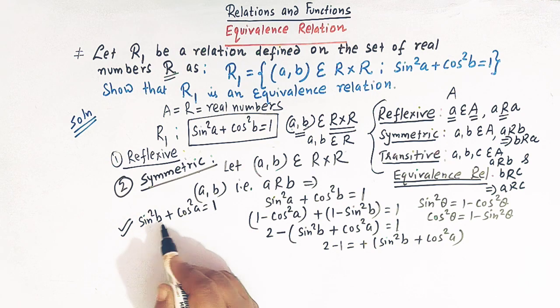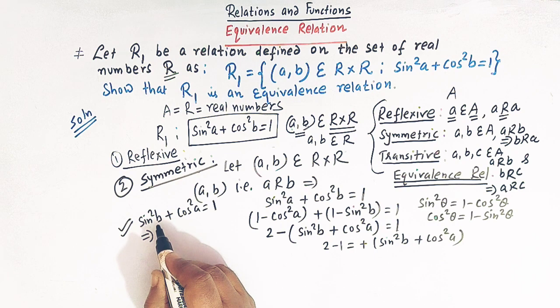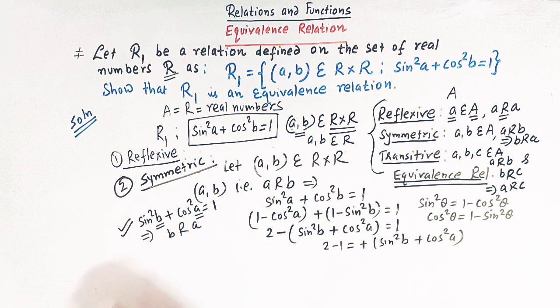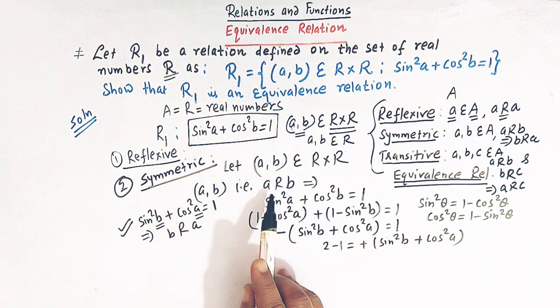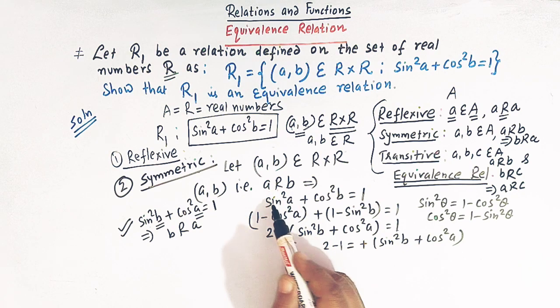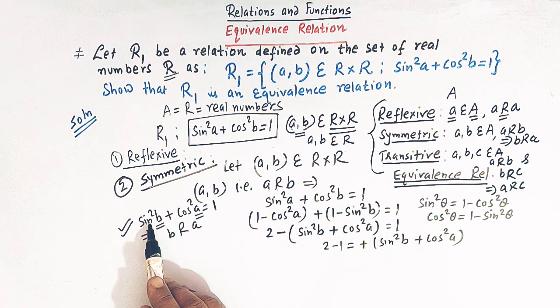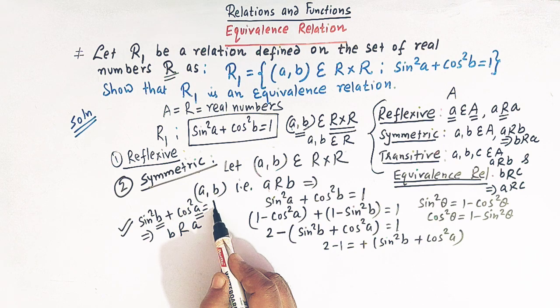And now let us observe this relation. This is sine square B plus cos square A is equal to 1. So this implies that B is related to A, right? See, when A is related to B, we have sine square A plus cos square B is equal to 1. And here we have sine square B plus cos square A is equal to 1.